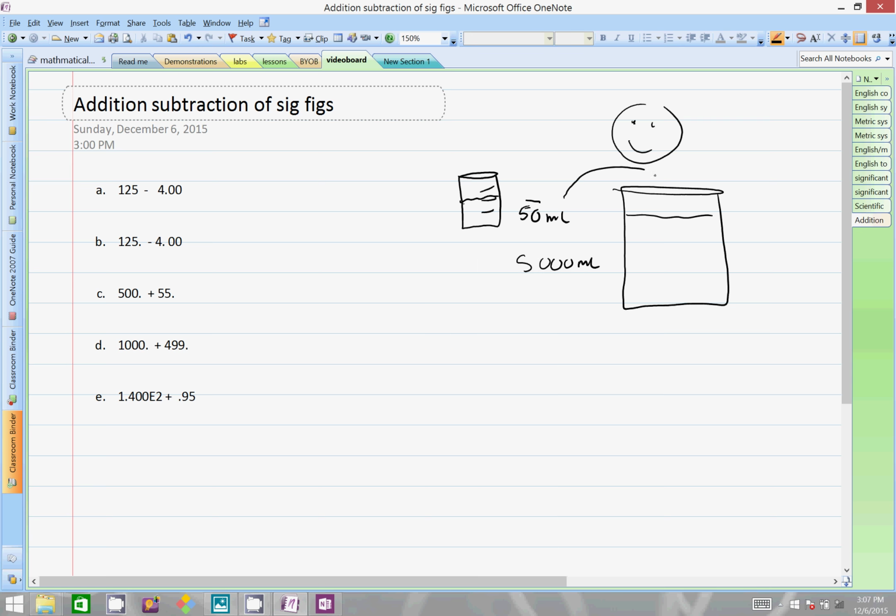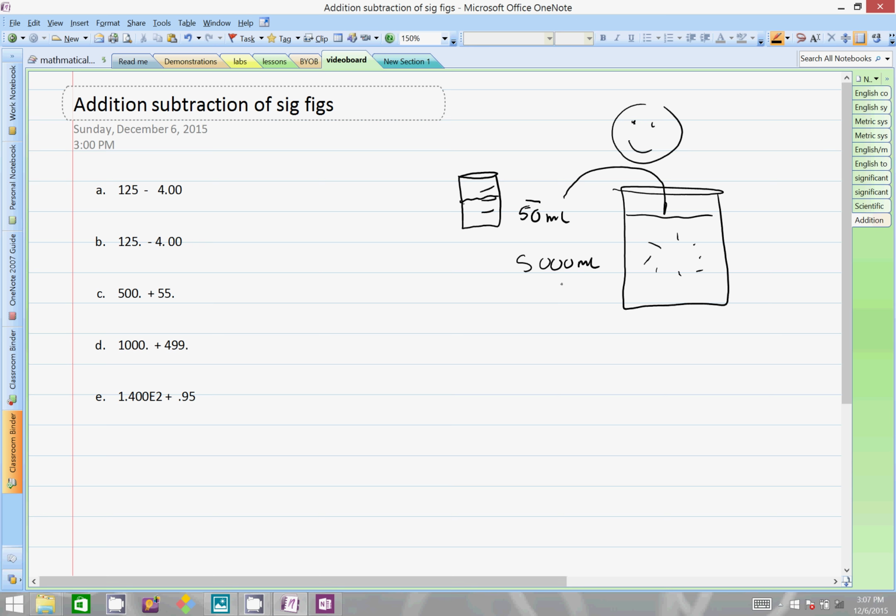Then as I dump this in, I have a very accurate value added to a number that's not so accurate, and therefore we want to take the value that's the least accurate. We lose our accuracy in the larger inaccurate value. So if I take 5,000 and add it to the 50, how do I go about doing that?